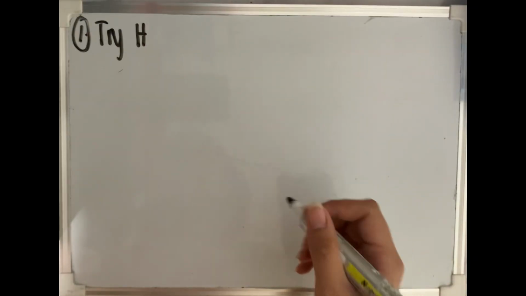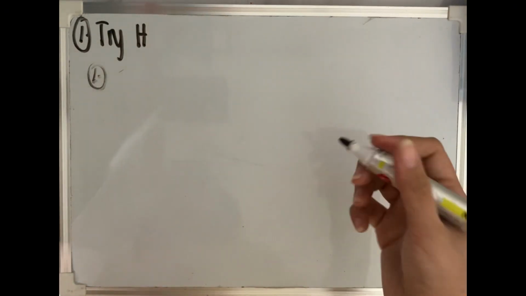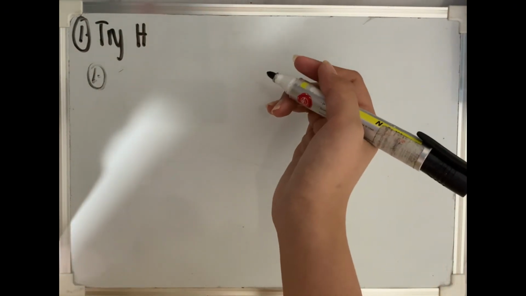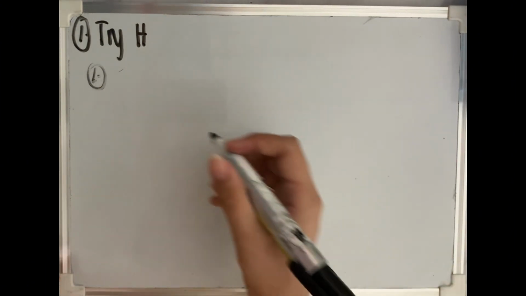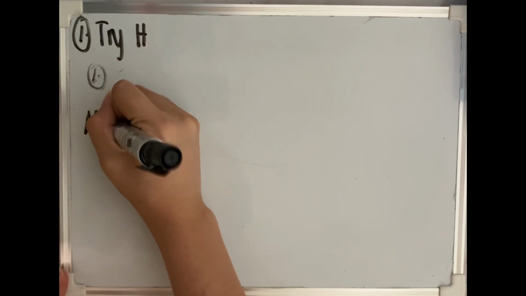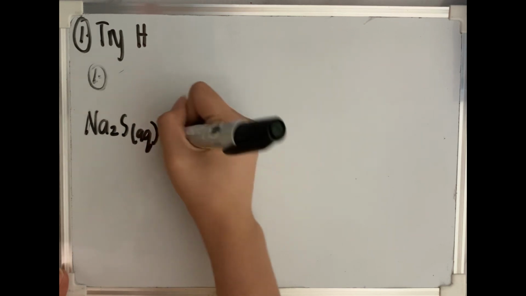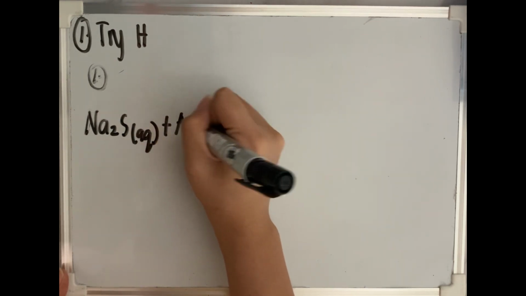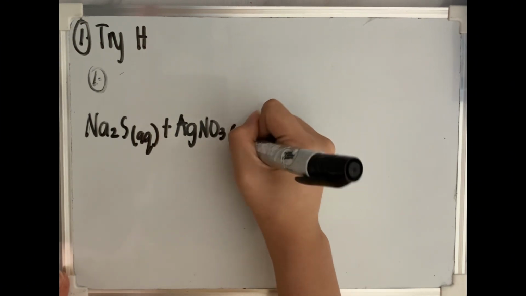First step is we need to know if ang given ba is nakabalance na ba siya daan. So, Na2S daw is made to react with AgNO3. So, isulat nato siya. Na2S is made to react with AgNO3.